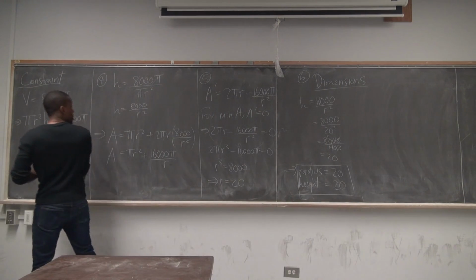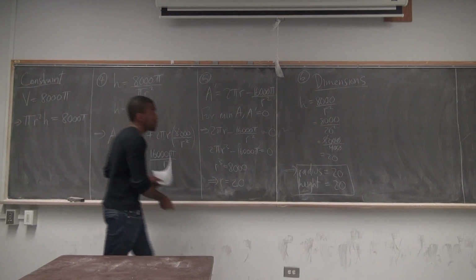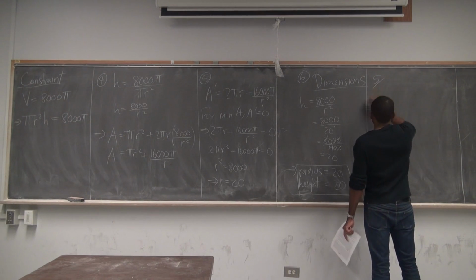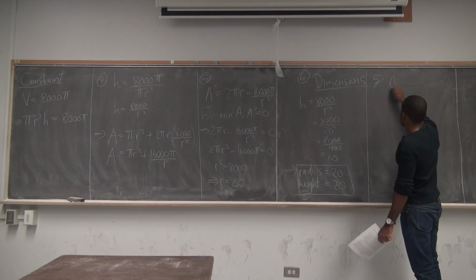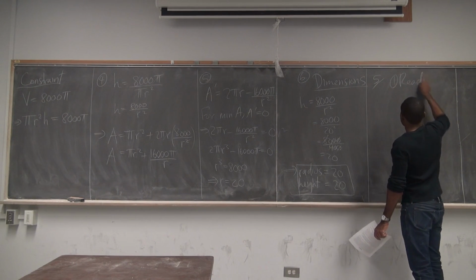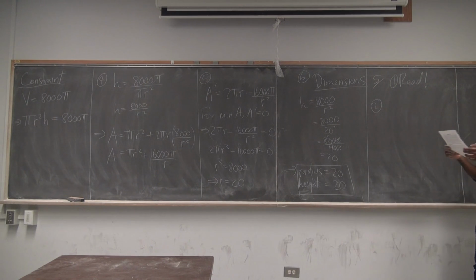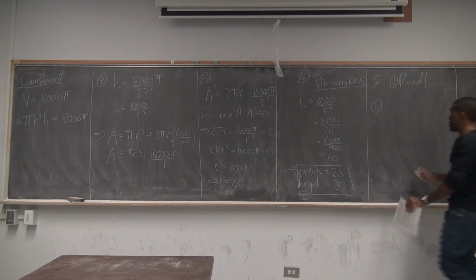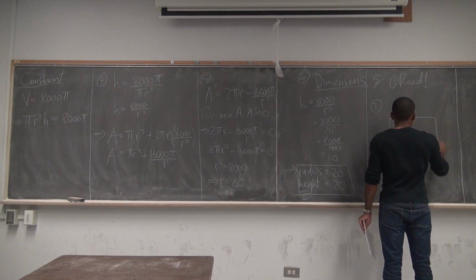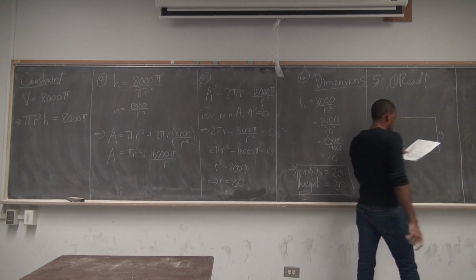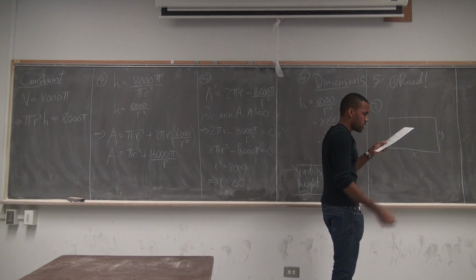Let's start over here. Step 1, read. Step 2, diagram. So what do we have here? It's a rectangle. So let's label it length, width. It asks us to find the dimensions.